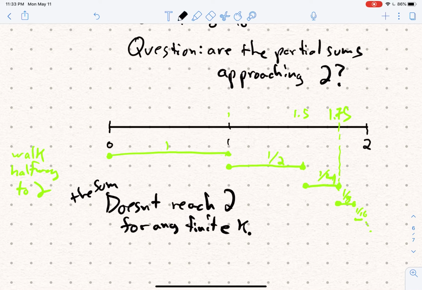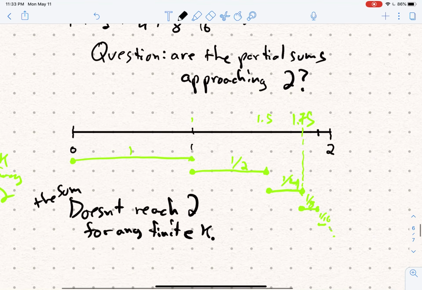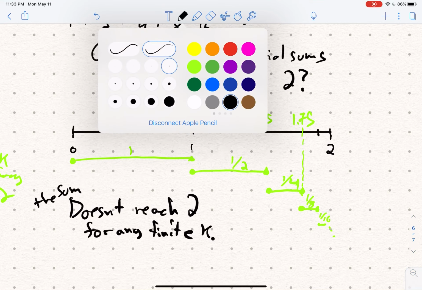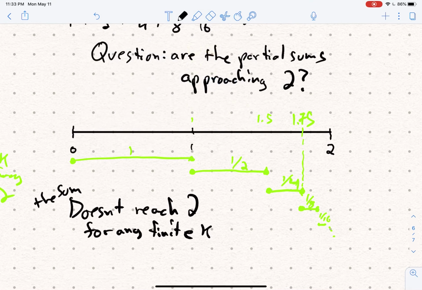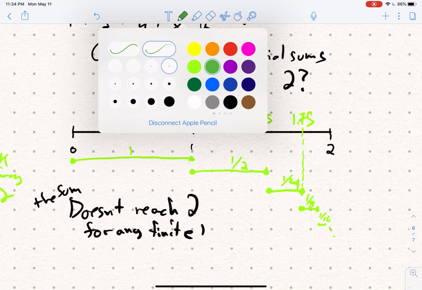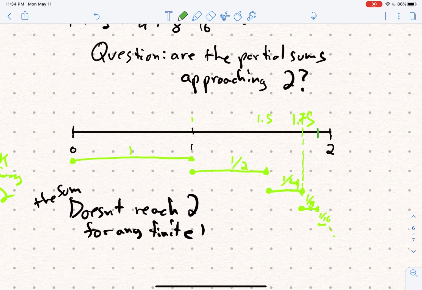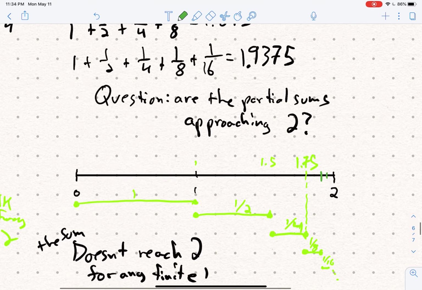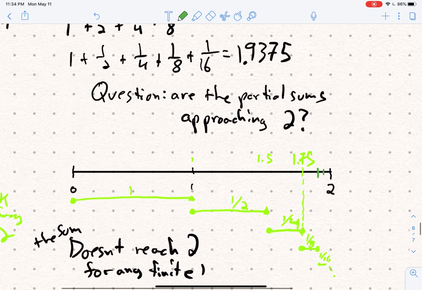So 1.75, this one was a 1.875. The next one was, oh, here, let me do this in green, 1.875, and then 1.9375. We're going to keep getting closer and closer to 2. This distance keeps getting smaller and smaller and smaller.